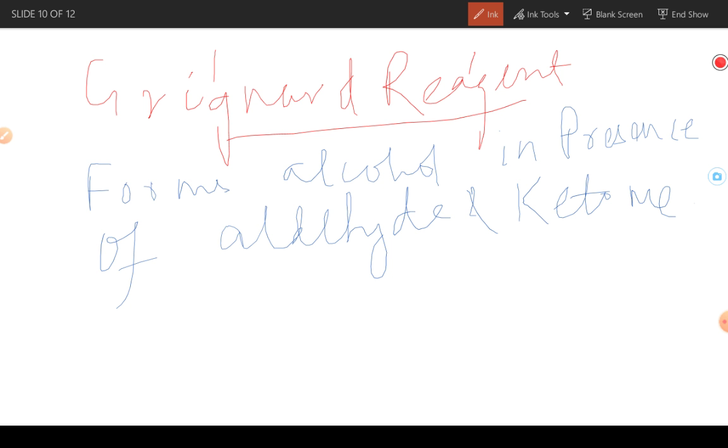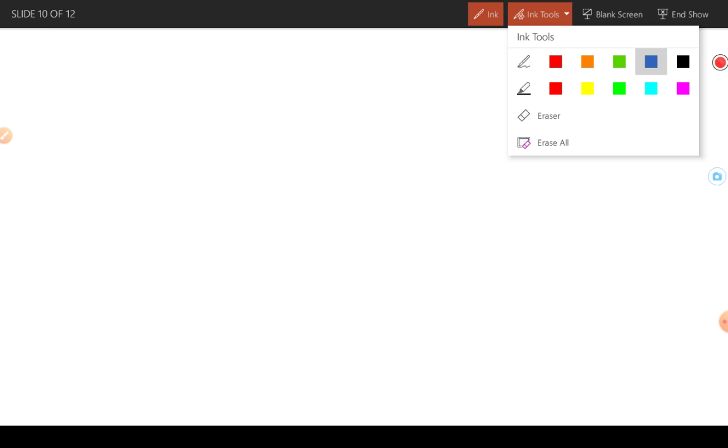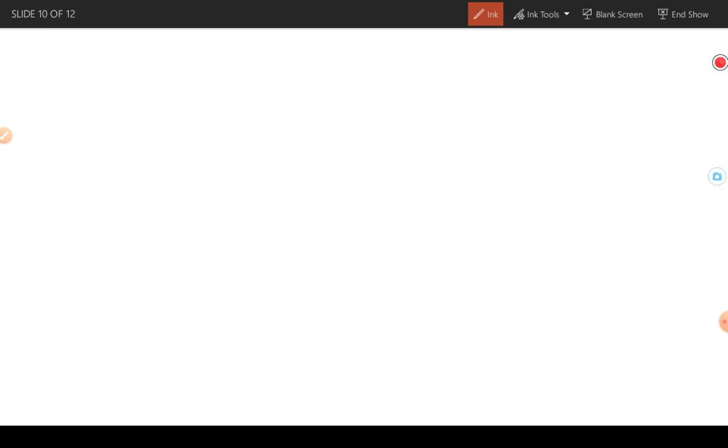Hope you have written or taken the screenshot. See the example of a Grignard reagent. The compound is like this. It is a ketone, as I have said that alcohol forms in the presence of aldehyde and ketone. We have taken one example of ketone. Here, in the presence of Grignard reagent, that is CH3MgBr. This is a Grignard reagent.